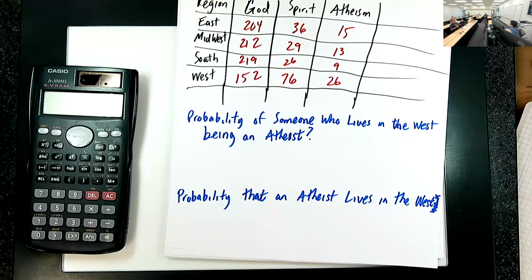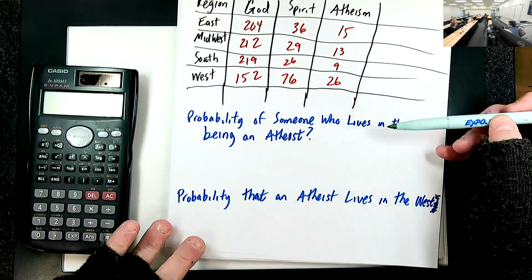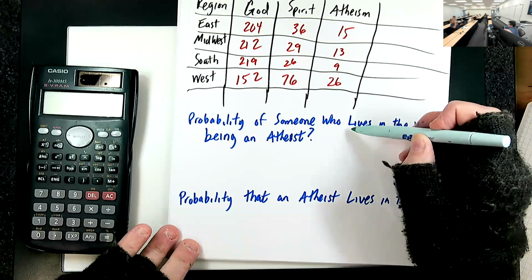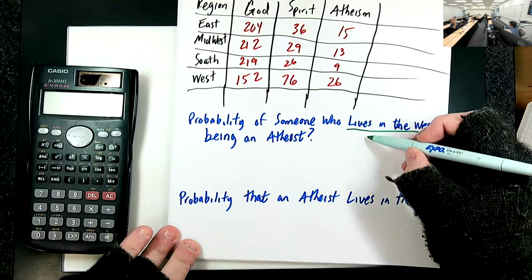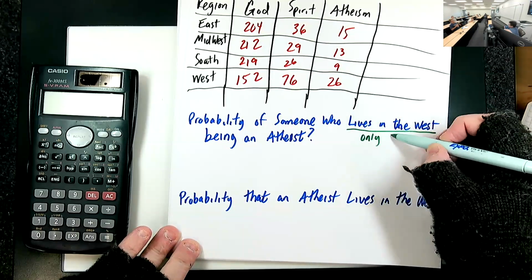So you guys ready to reason this out? This says the probability that someone lives in the West. This sounds like this is a requirement. We're only considering these people.